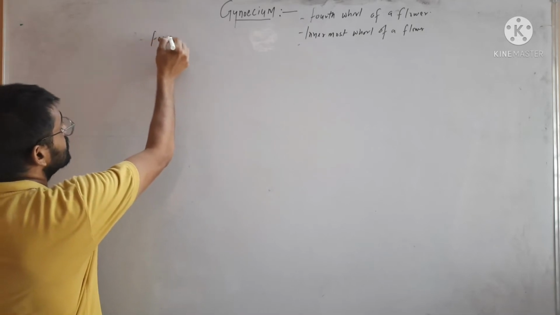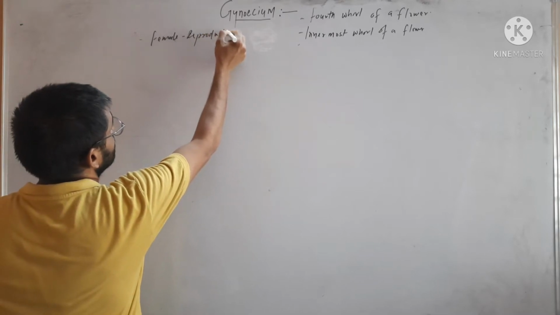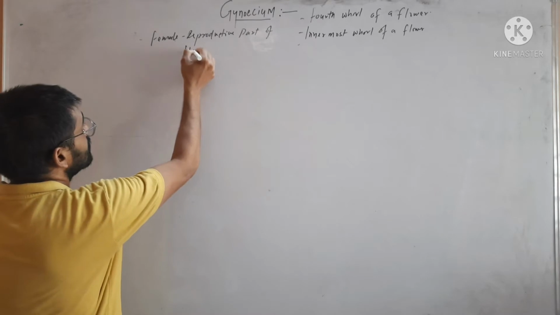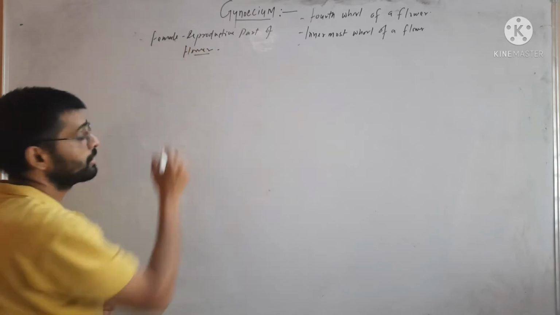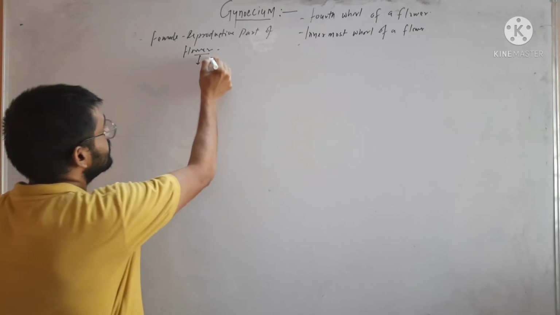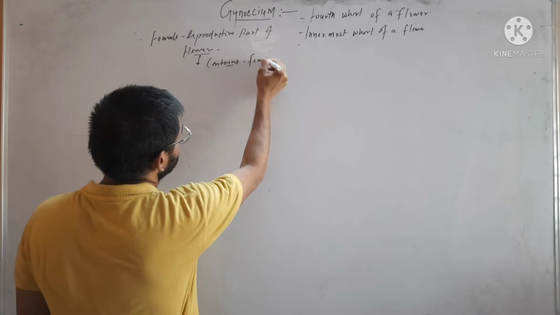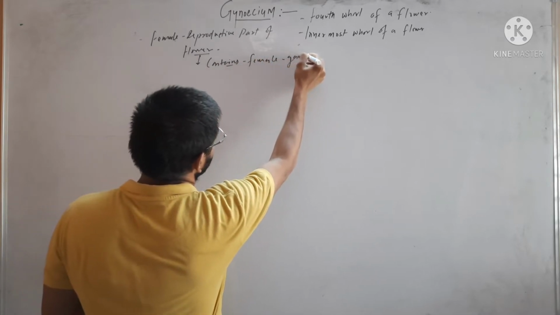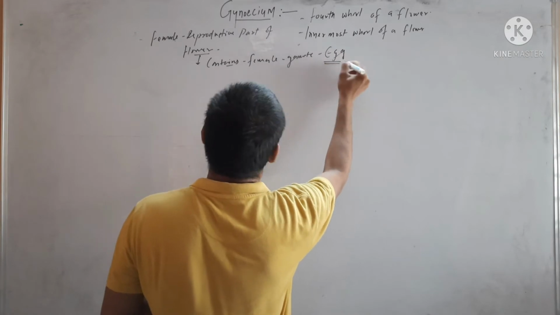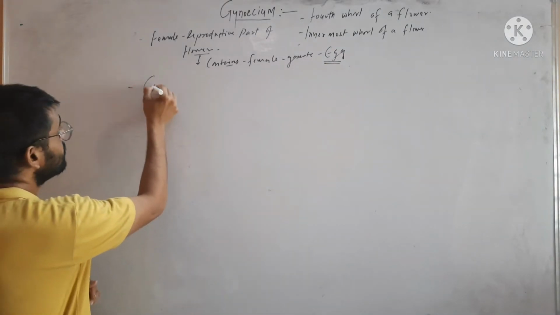It is the female reproductive part of the flower because this part contains the female gamete, that is the egg. So this gynoecium consists of carpels.